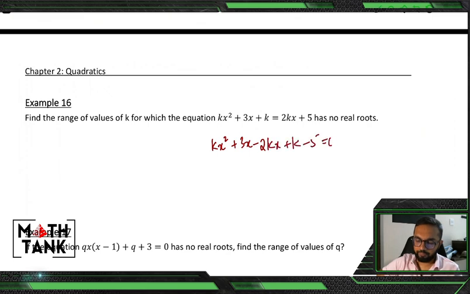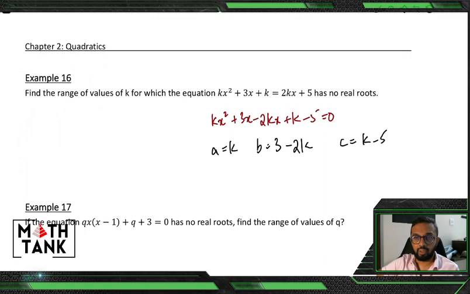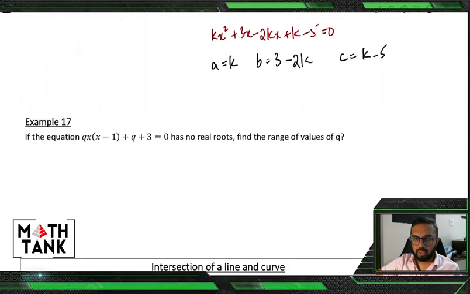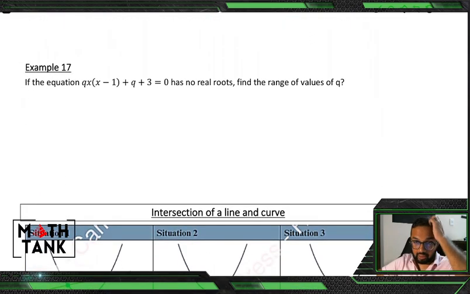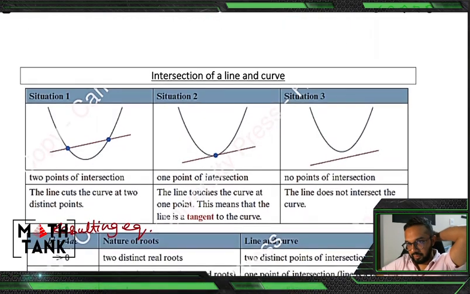Everything with x squared is a, everything with x is b. What do I see with x? I see a 3 and a minus 2k. All the terms without x are c. There are lots of questions here that I haven't solved because we've probably run out of time.